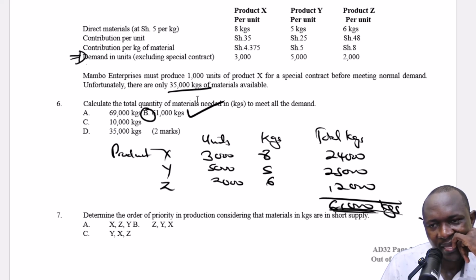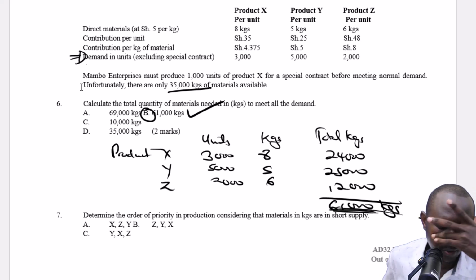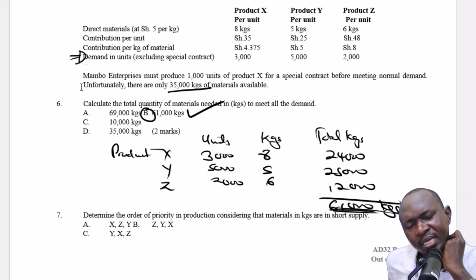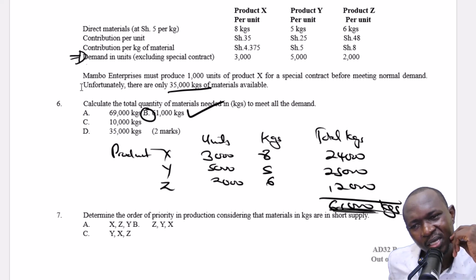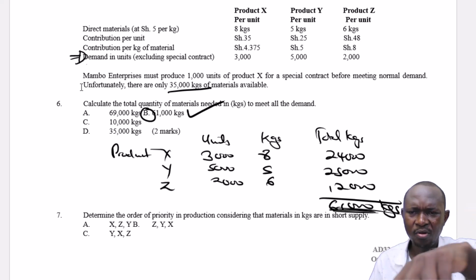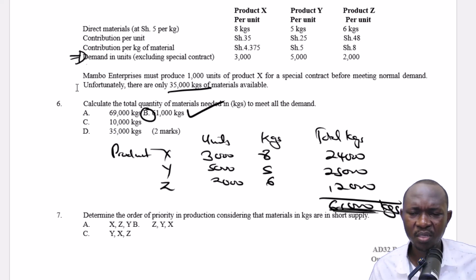Now, something that comes out clearly is that we have been given two routes to follow. You can choose whichever route you want. There is contribution per unit and there's contribution per kg of material. So you can go either direction. But now that we are working with kgs, I think it's better we stick to kgs.